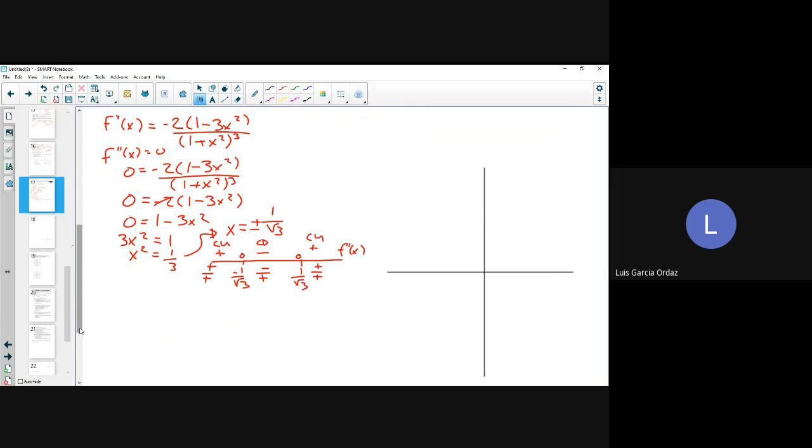So now I need to figure out my 2 points of inflection. I need to figure out f at negative 1 over root 3 and f at 1 over root 3. And they both are going to give me 3 over 4.